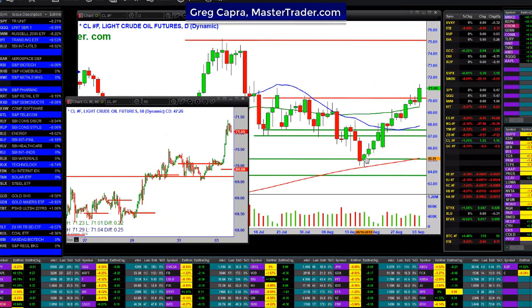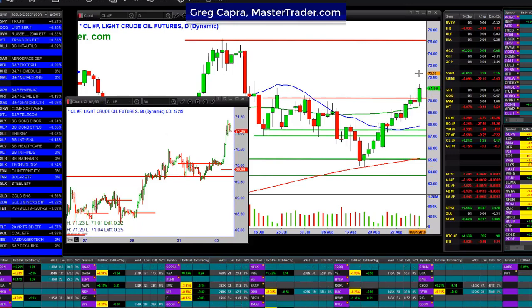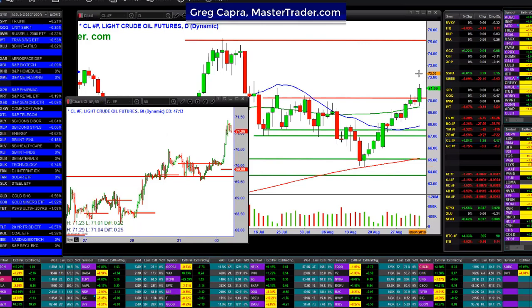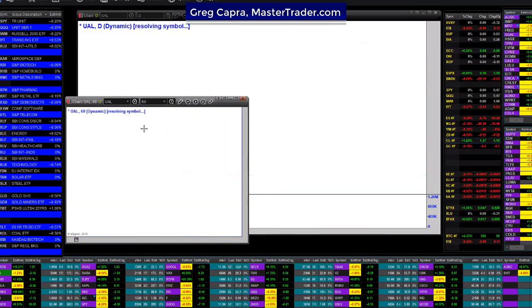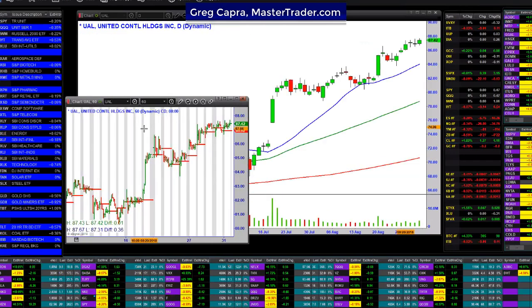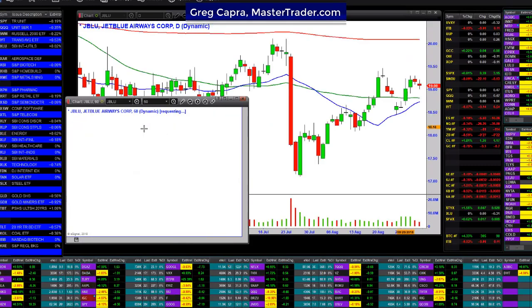Oil buyers continue to step up here. This correction and this breakdown proved to be a breakdown failure, and the gap was bought, and oil just looks like it's going to continue to go higher, which makes me think, or creates the thought, why is United doing so well and moving up like this, and some of the other airlines doing well?